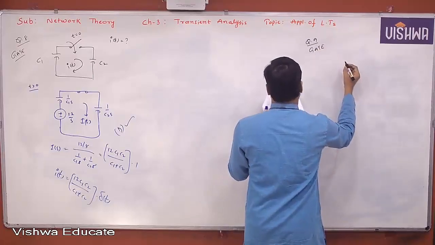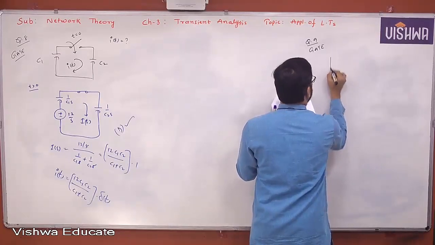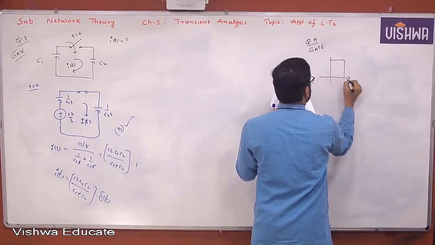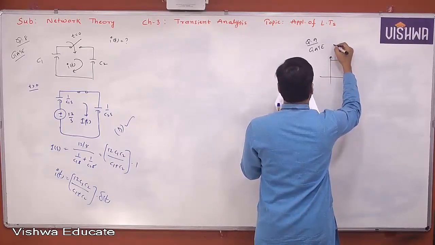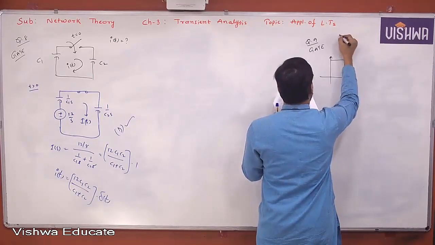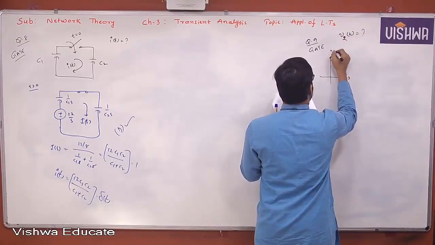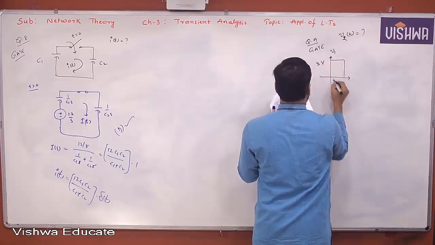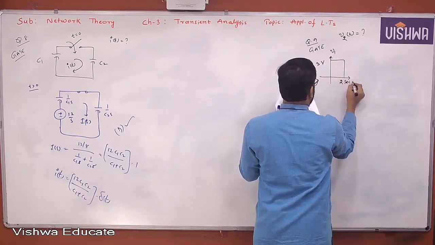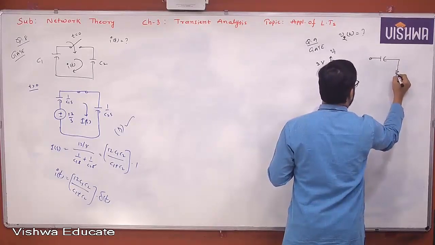Very interesting question. A square pulse of 3 volts amplitude is applied to a CR circuit shown in the following figure. The capacitor was uncharged. The output voltage V2 at time 2 seconds, V2 of 2, is asked.